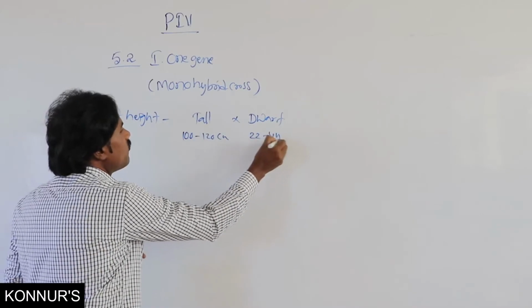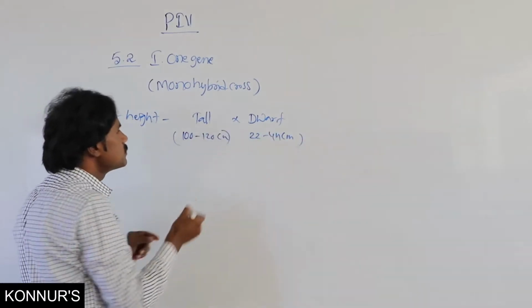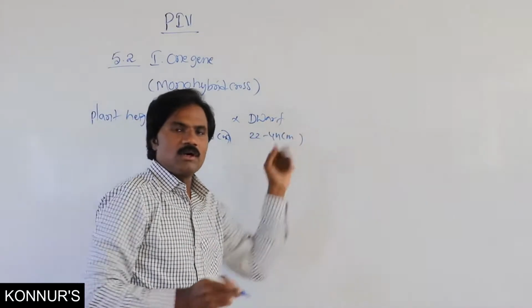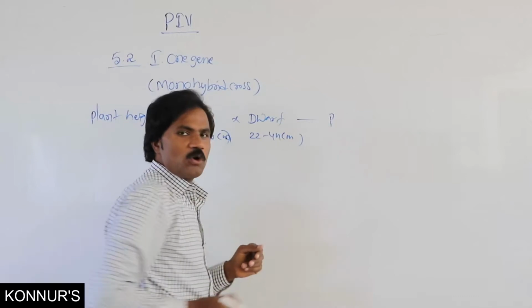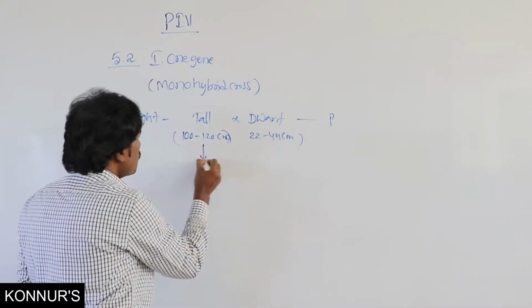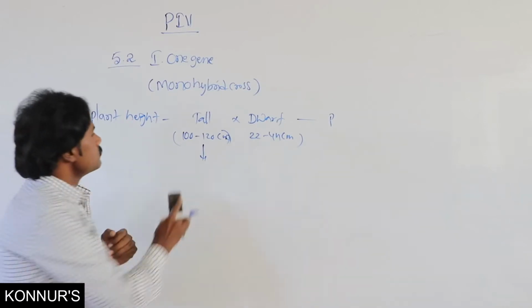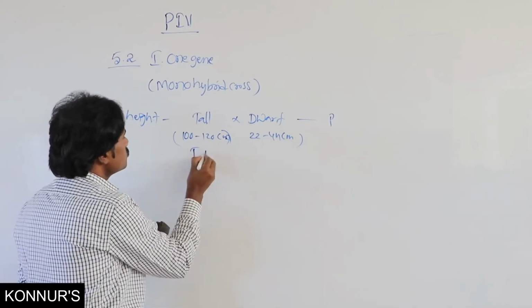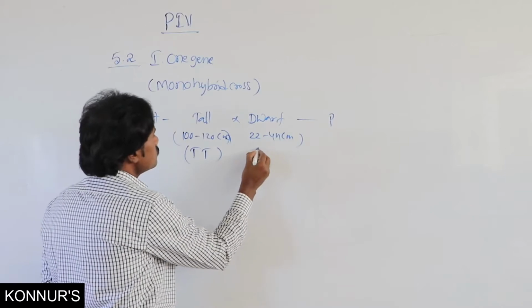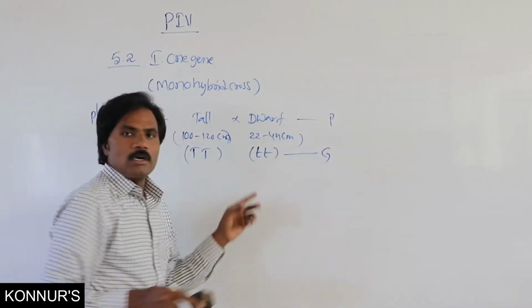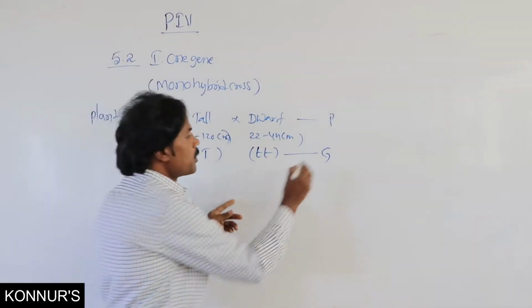Dwarf here is 22 to 44 centimeters. This is the phenotype, and then this is the genotype.